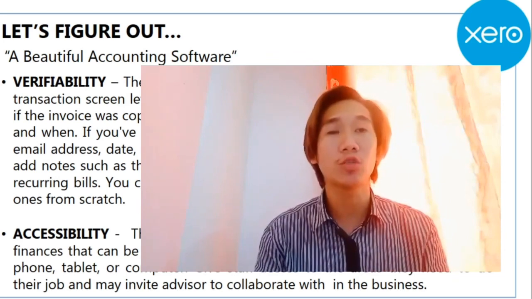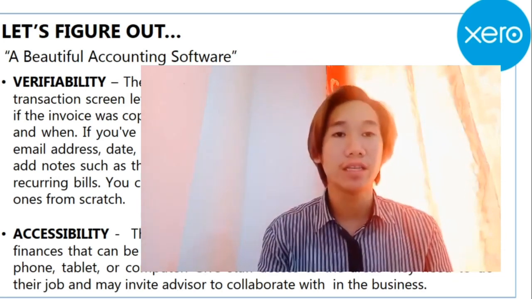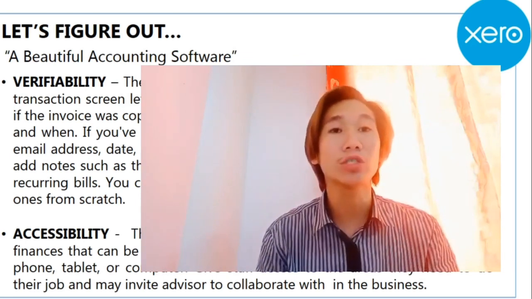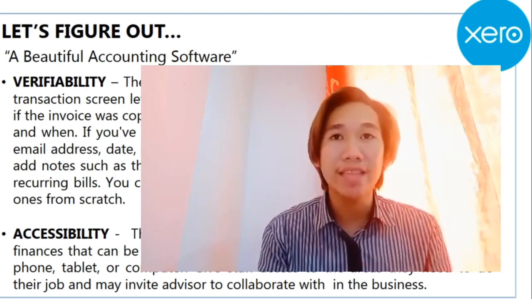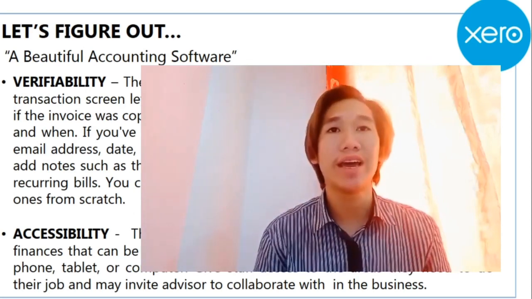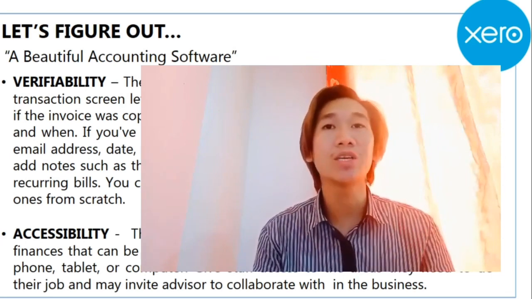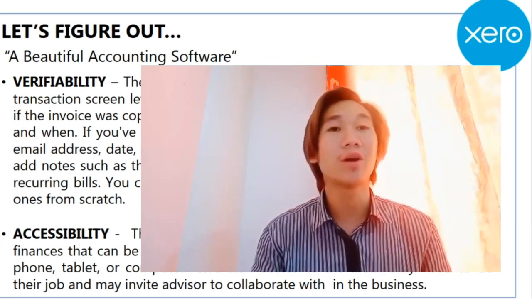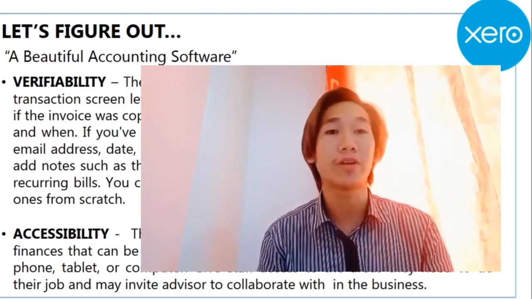If you've sent an automatic payment reminder for an invoice, the email address, date, and time it was sent also appear on the screen. You can add notes such as the expected payment date. Xero can track bills, including recurring bills. You can also copy bills and edit them instead of creating new ones from scratch.